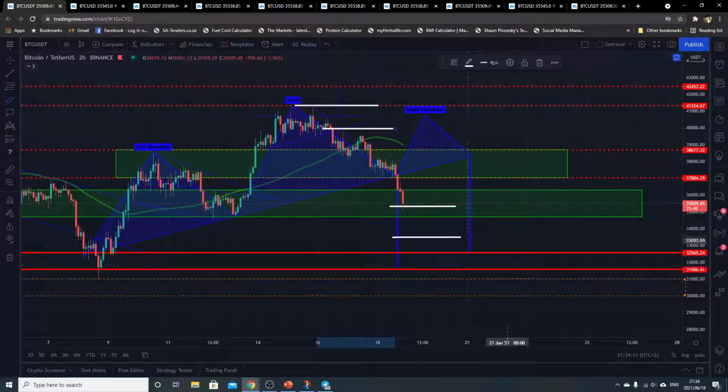Once that take profit has been touched and filled, I will once again reduce my stop loss to this other section over here where there is more resistance. You see that section there? And then this section over here.